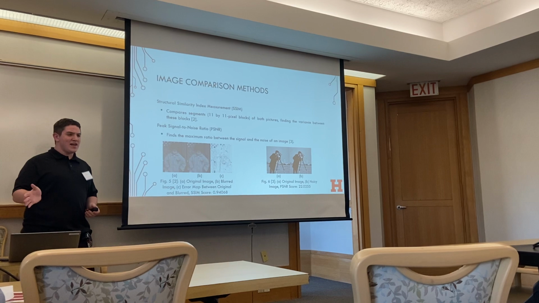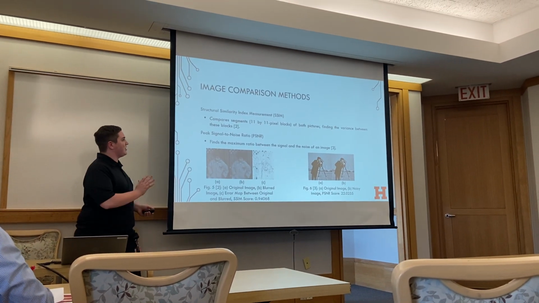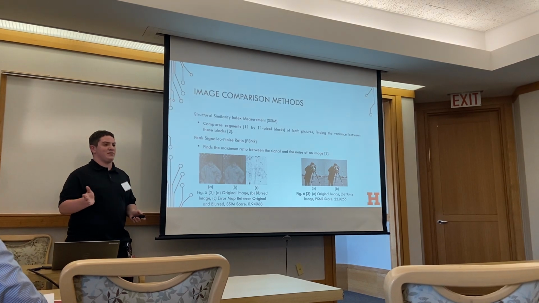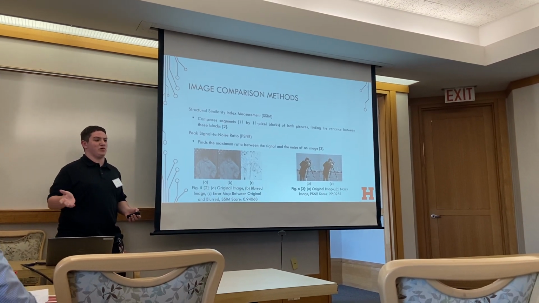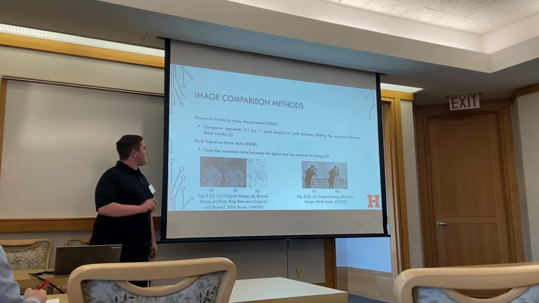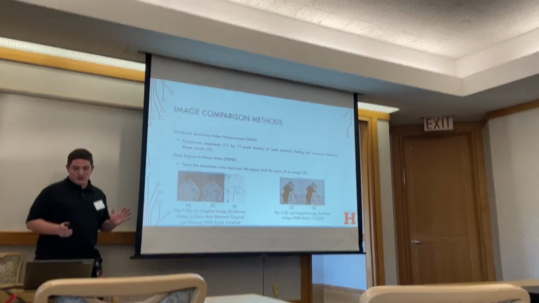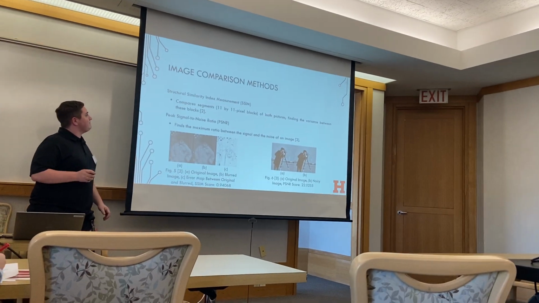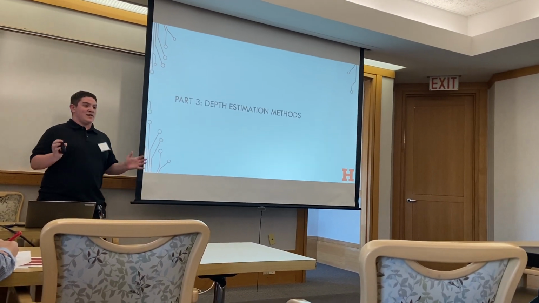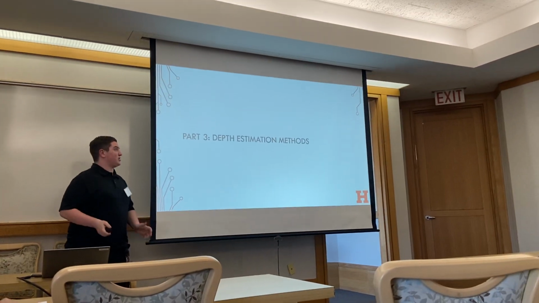In MATLAB, which is the specific application we're using, they're 11 by 11 blocks, but they're not always this. It depends on what exactly you're using and what you have it set up to do. And then peak signal to noise ratio finds the maximum ratio between the signal and noise of an image. So that allows us to quantify the quality of a reconstructed image.